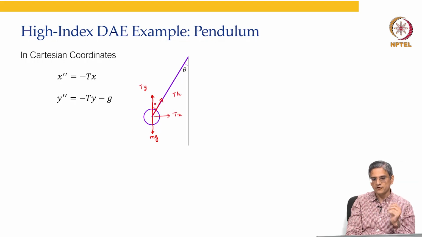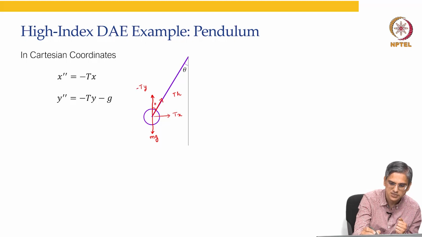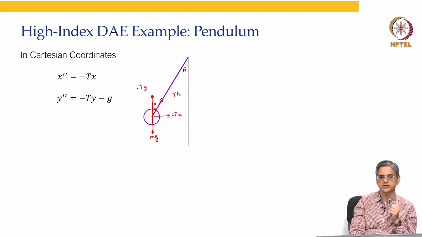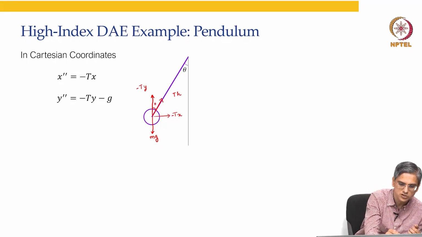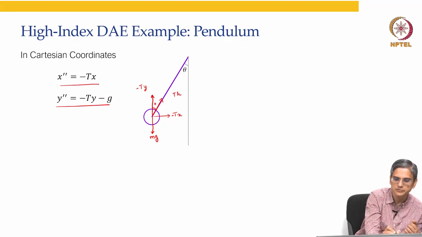Now, when we have all of this defined, Ty is in the negative direction, Tx is in the negative direction. So, we will put the sign conventions over here. Now, when we overall do the force balance in the vertical direction and the horizontal direction, we get these two equations.